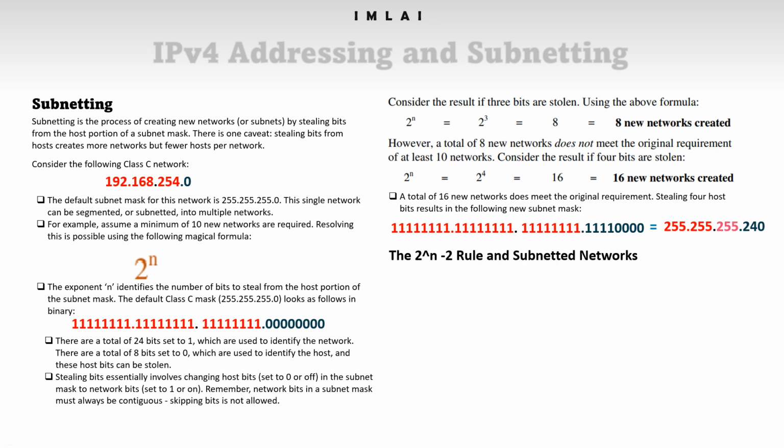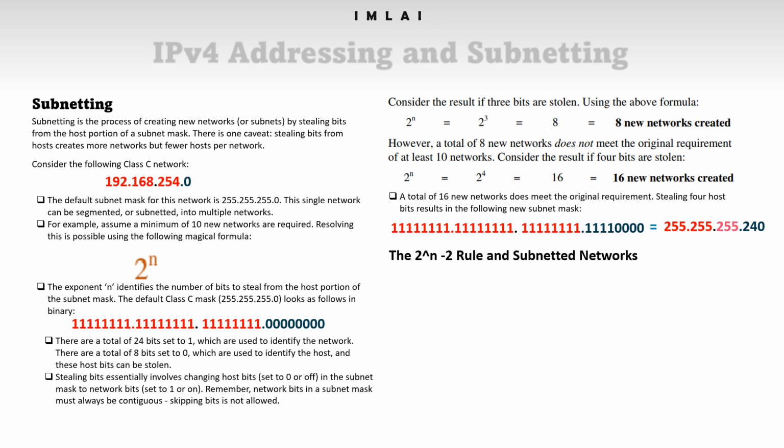So 4 bits were stolen in the subnet mask, leaving only 4 bits for hosts. To determine the number of hosts for each of the new 16 networks, a slightly modified formula is required.